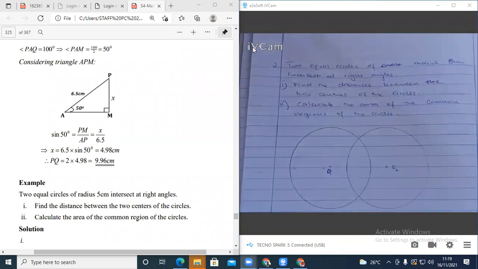Okay, there are two circles there, intersect at right angles. Then they're saying find the distance between the two centers. They intersect at right angles. What does that mean?